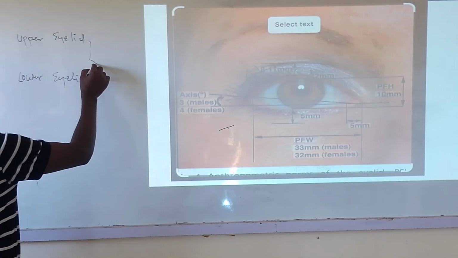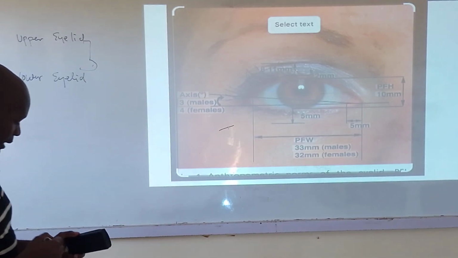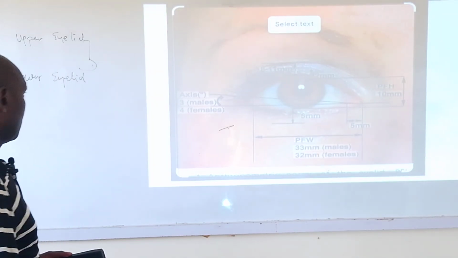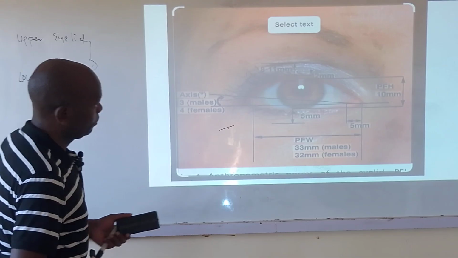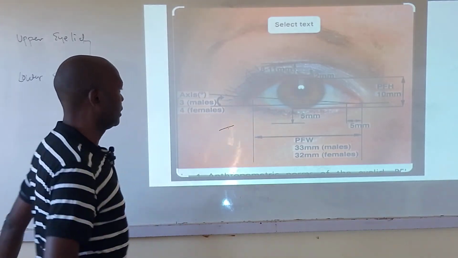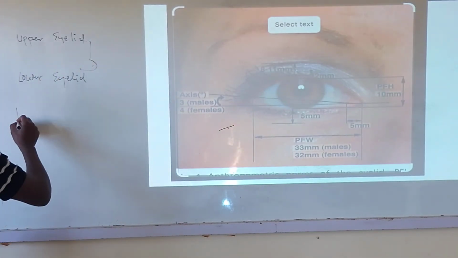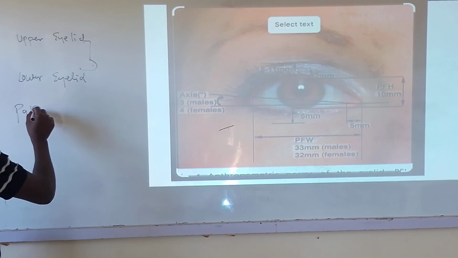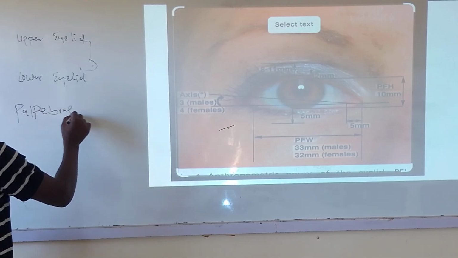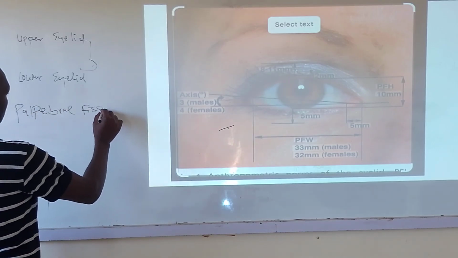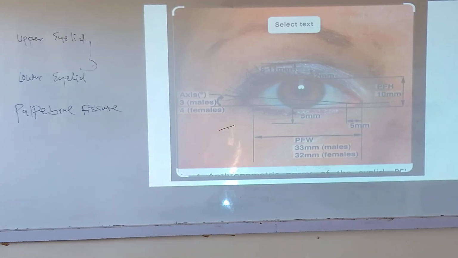So the space between the upper eyelid and the lower eyelid, which exposes the eye, is what we refer to as the palpebral fissure.